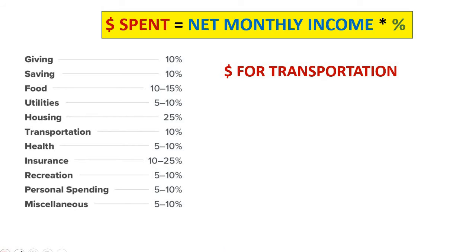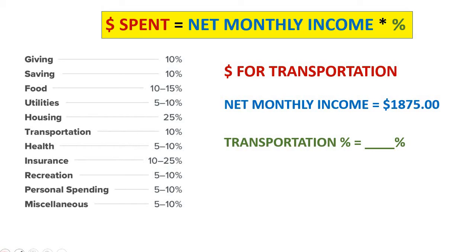So now let's talk about transportation. Again, so we're talking about our vehicle, gas, upkeep, that kind of thing. Again, same net monthly income. We got to have that information. And so now what do we need to do? We got to go to the list. What's our percentage for transportation? Again, 10%. Beautiful.